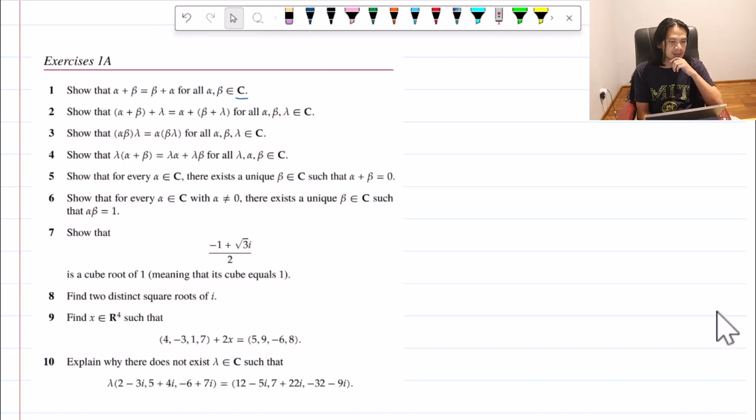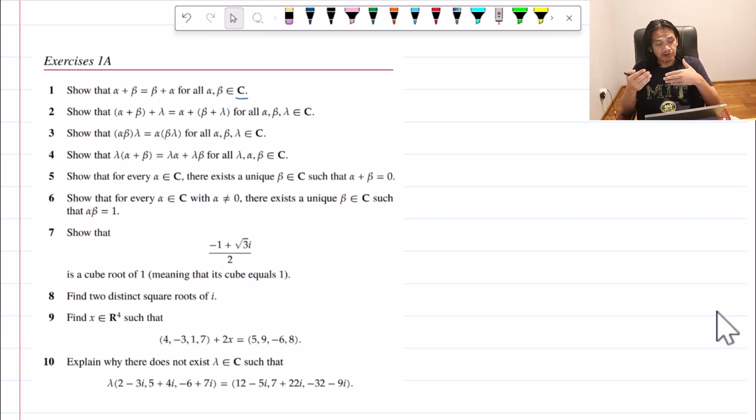And it's the same for problem number 3, the associativity of multiplication and the distributive property of multiplication and addition in complex numbers. All of them are inherited from the same property in real numbers.